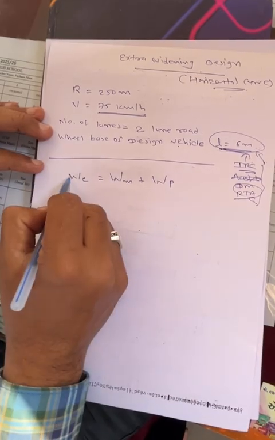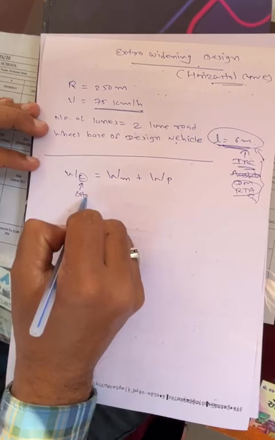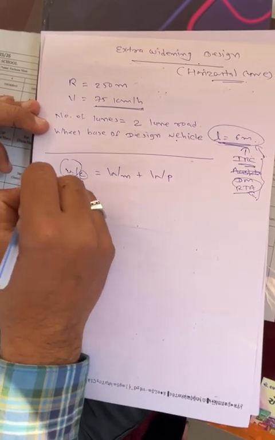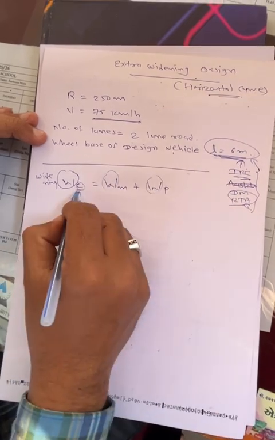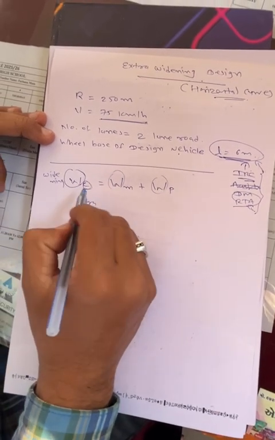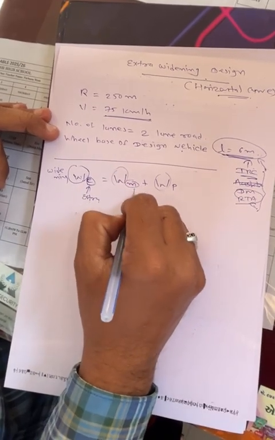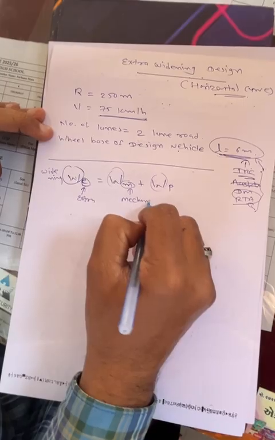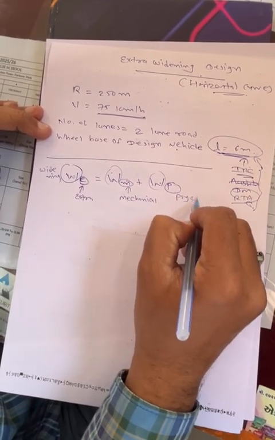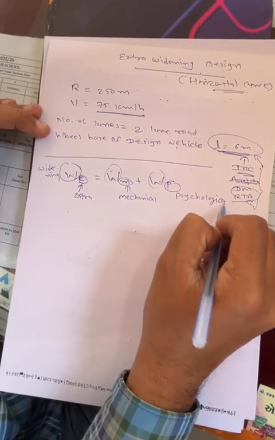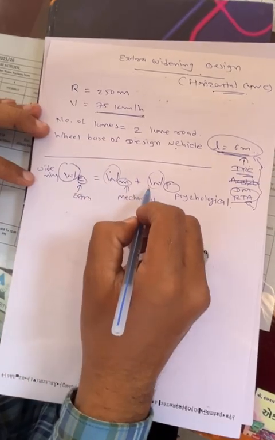Here W is for widening and the small letter with the W is for the type. WE is for extra widening, WM is for mechanical widening, and WP is for psychological widening. So we have the main formula for the extra widening design.